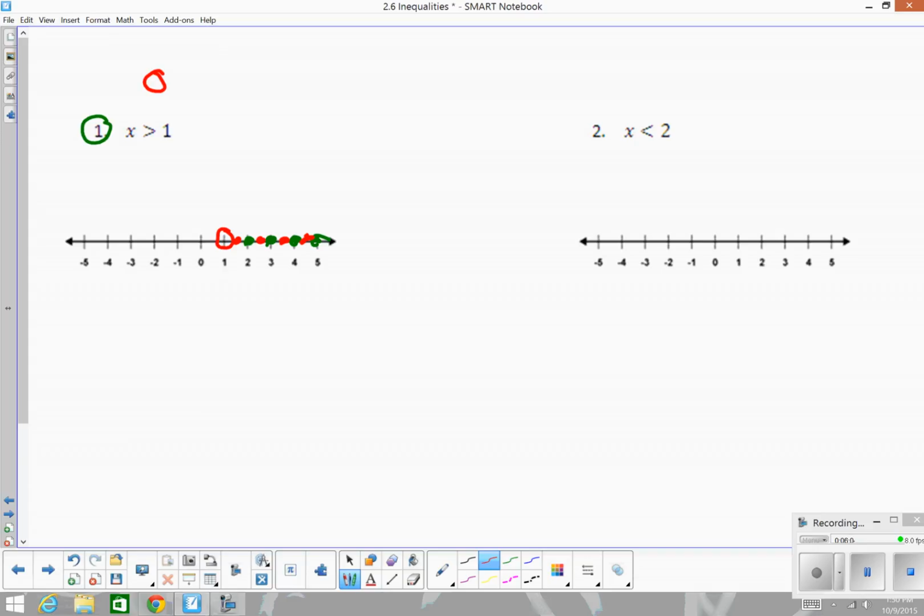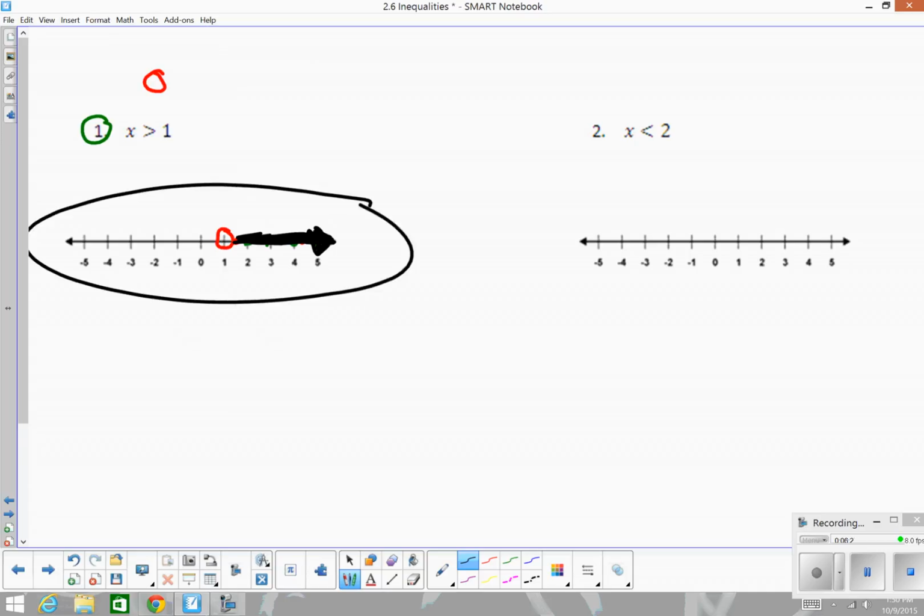We're talking about every single number that is to the right of the number 1. So you would do that by drawing an open circle on 1 and shading the whole number line to the right with an arrow. That would be the graph for your answer.